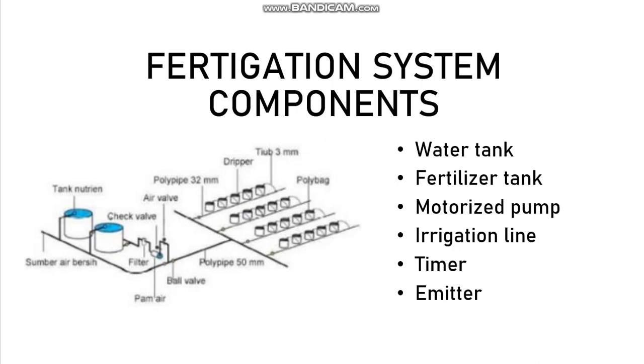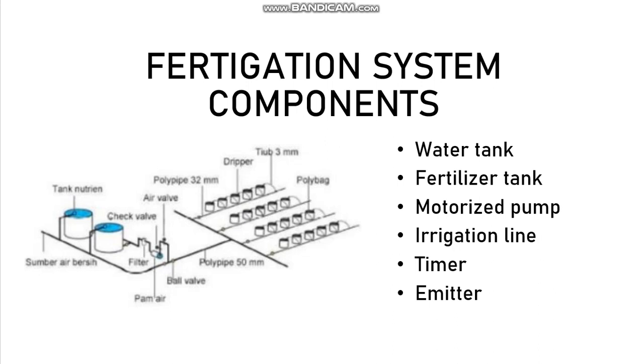A motorized pump is used to power the distribution of water and fertilizer from the tanks across the crops. The irrigation line is the system where the water and fertilizer mixture is distributed. The timer is to set the fertigation to operate for a period of time.